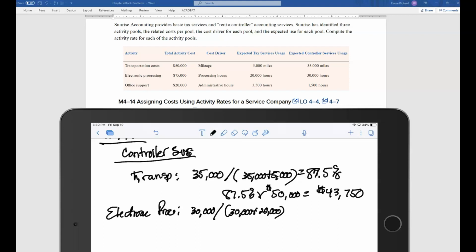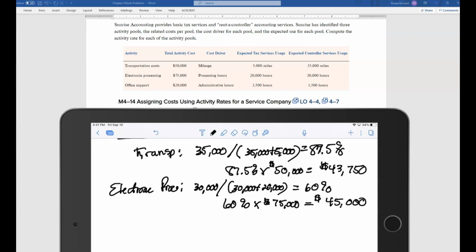So we get a percentage, 60%. So 60% times the total cost of 75,000 equals 45,000. Total cost for electronic processing.